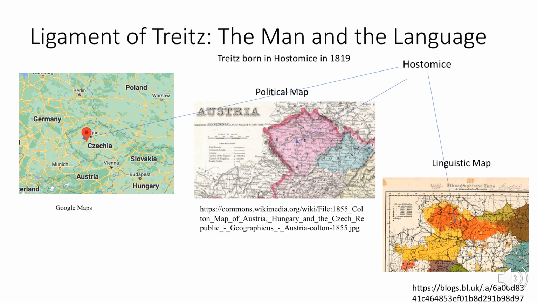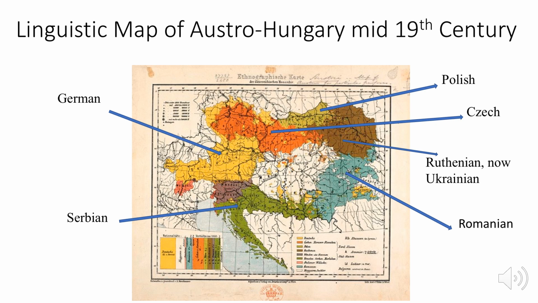And you can see here where he was born in Hostimice. In the middle, the pink area is Bohemia, that area of Austro-Hungary that had Czech speakers. And in the next picture, you can see a map of the same area, and the orange is Czech, where he was, and the whole area also spoke German, but you can see the Ruthenian, which is now called Ukrainian language, Romanian, Serbian.